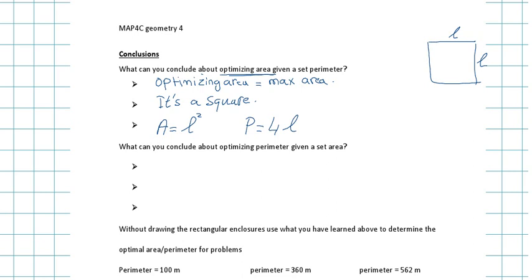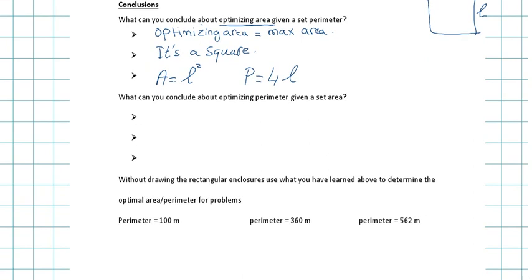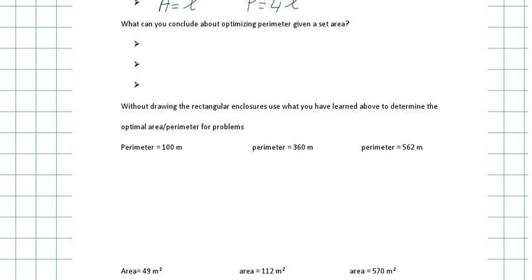Given a set area. So what does the word optimizing perimeter mean? Minimize. Exactly.